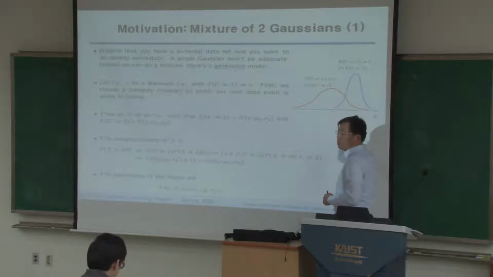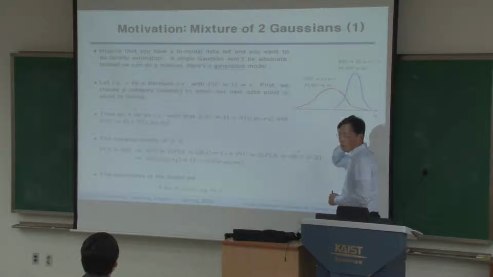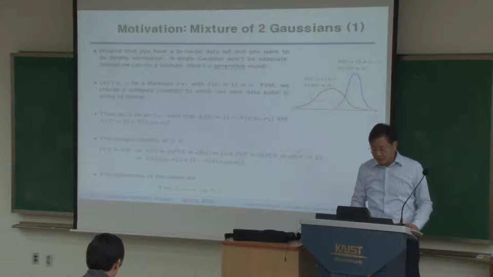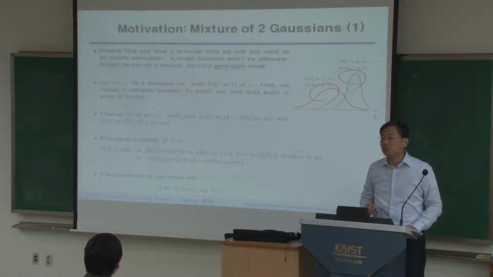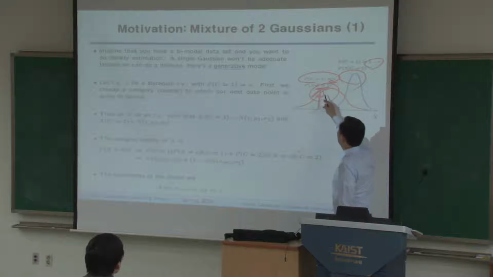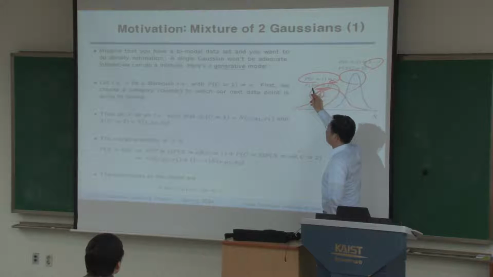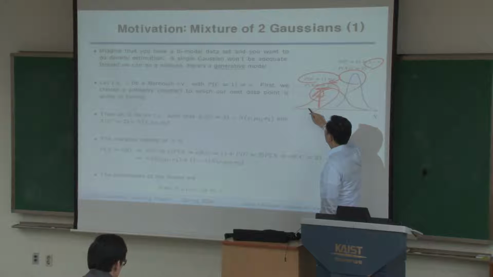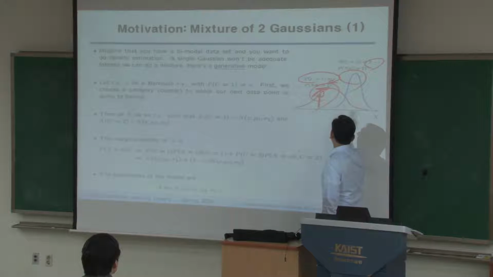So here is one-dimensional data. One is distributed by this red thing, and the other one is by this blue thing. And the probability that I choose the red one is pi, and the probability that I choose the blue one is 1 minus pi. And once this red is chosen, so that's represented by c equals 1, then I can define what the probability of the value is for the x.